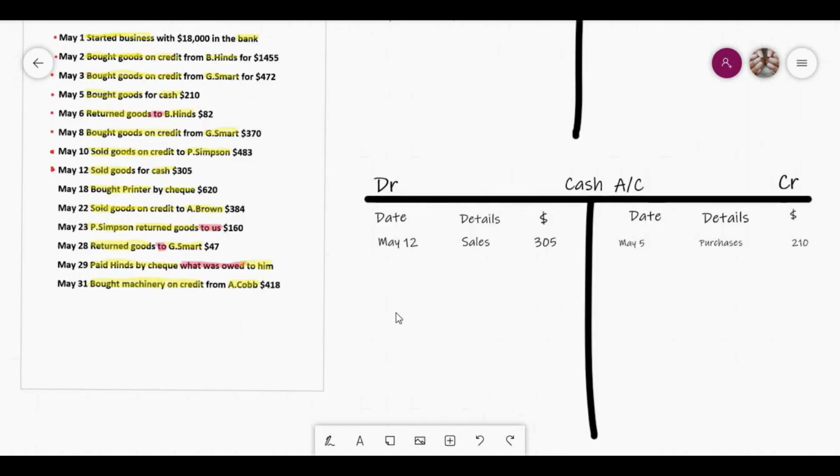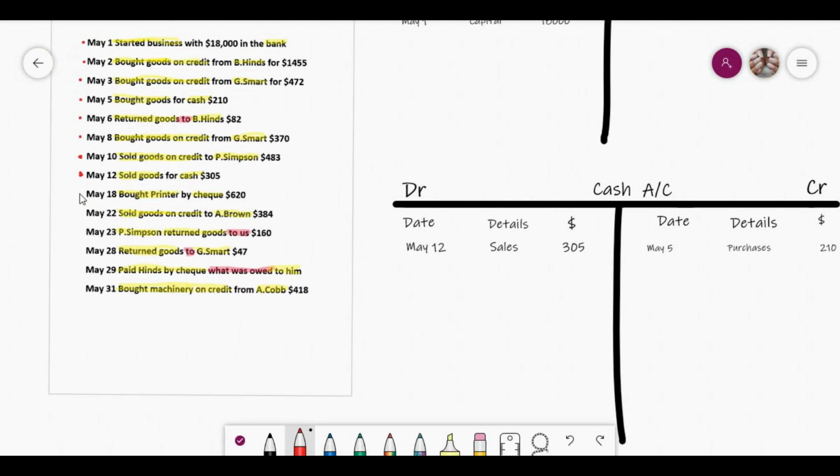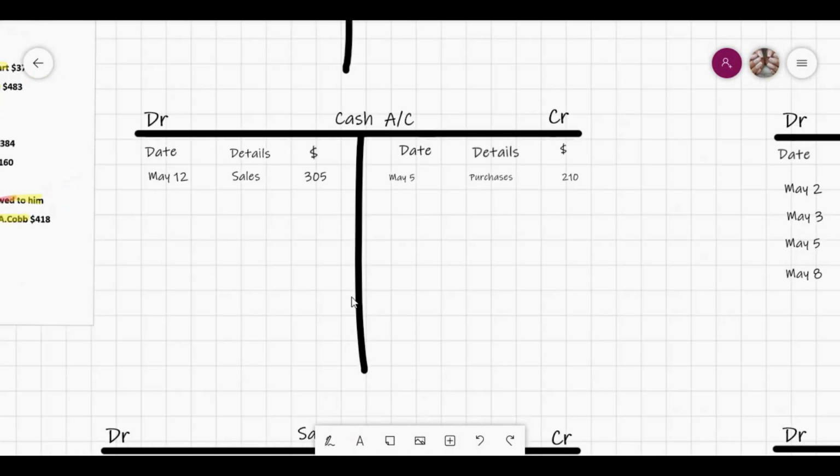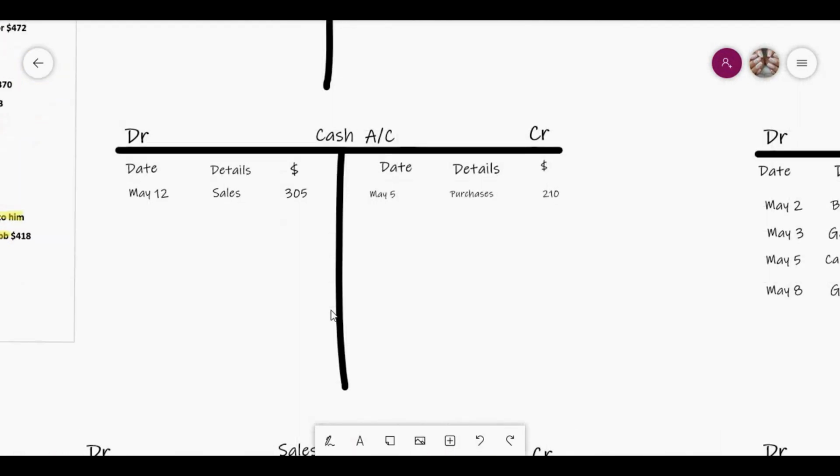On May 18, bought printer by check, $620. This is going to affect the bank account and a printer account.